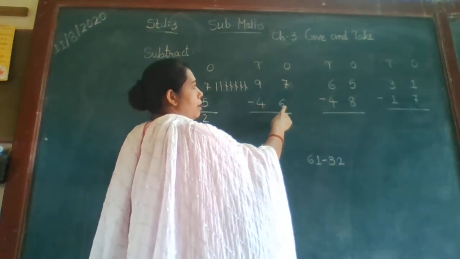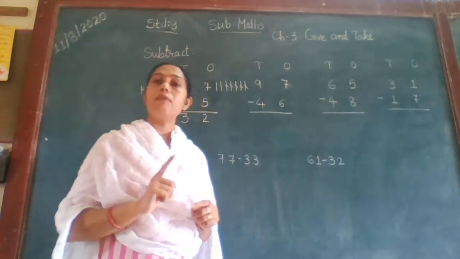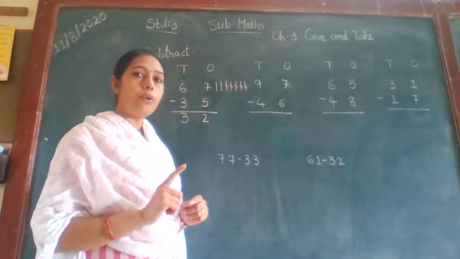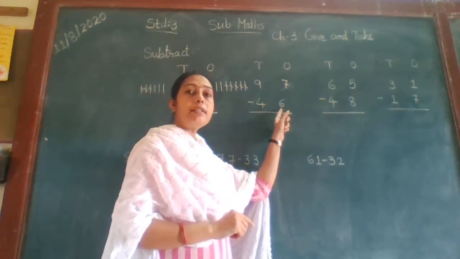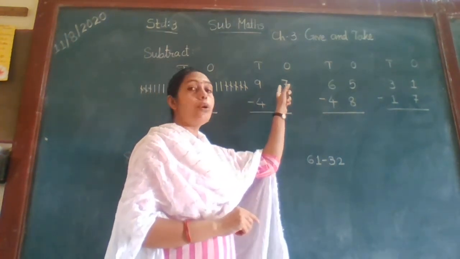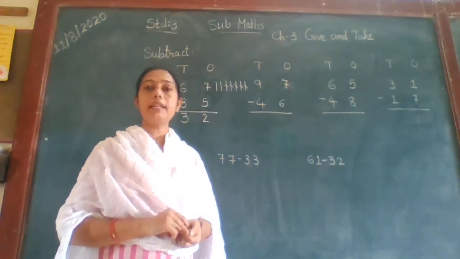In the second number, what is on the ones place? 6 is on the ones place. So you have to count the fingers after 6, till you reach 7. So after 6, count till 7.